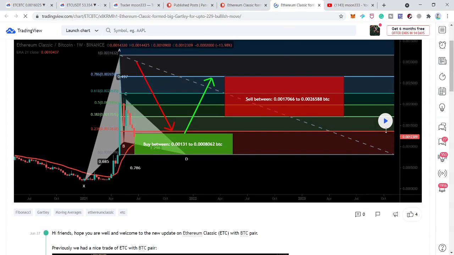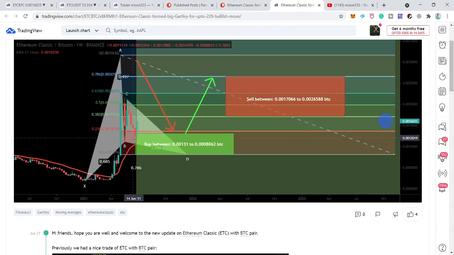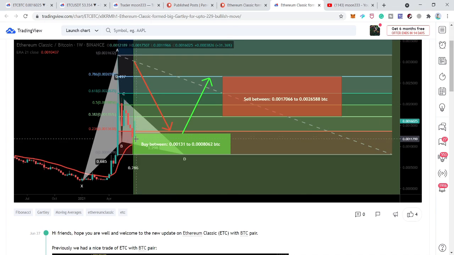And after playing this chart, we can see that the price action turned bullish, and it has rallied up to 0.001750, up to here. And this is the sell zone I've defined as per the Fibonacci sequence, and this pattern has been formed on the weekly time frame.